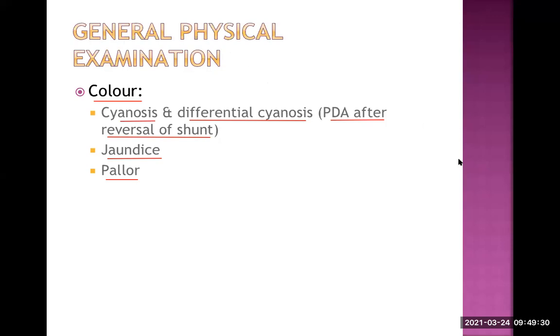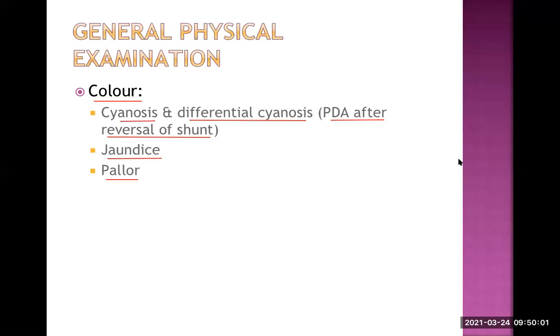But after the birth, if it persists, then only we call it PDA. And in that, the direction of blood flow is from aorta to the pulmonary artery. Now, when there is development of pulmonary arterial hypertension, please listen carefully, there is again reversal of the blood flow.